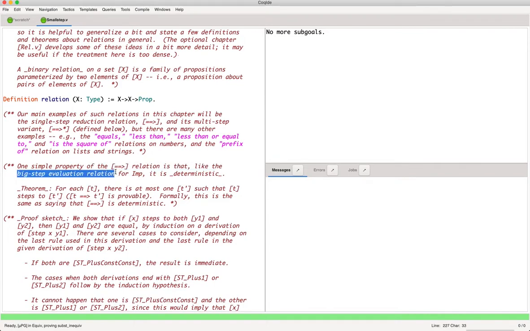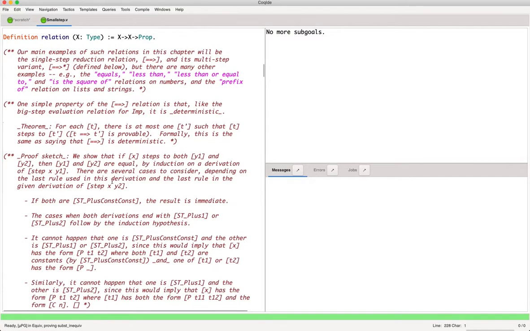What that means is that every time a term t makes a single step to t prime, there's only one possible t prime. We can't fork the evaluation and have a decision about what to do next. There's only one choice for what to do next.